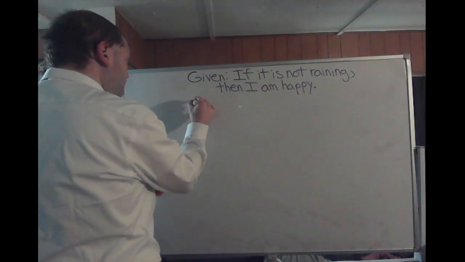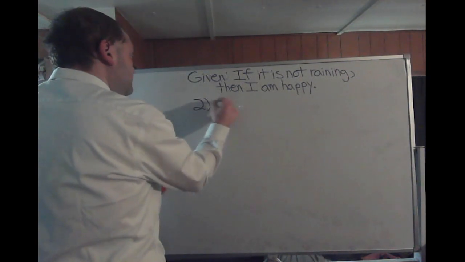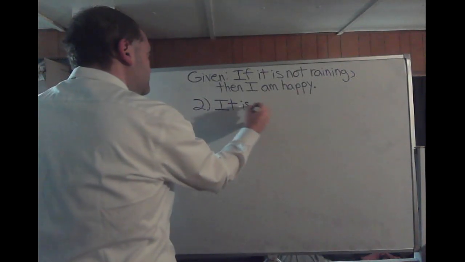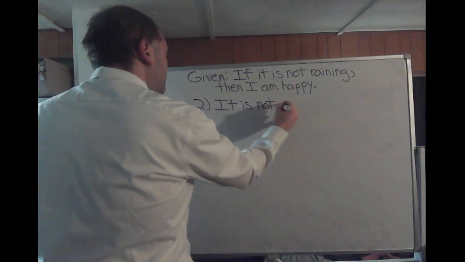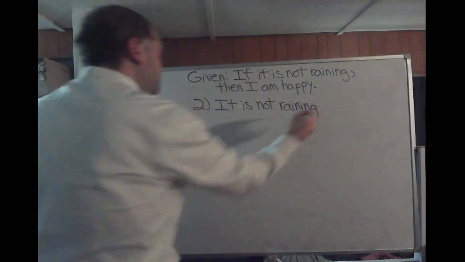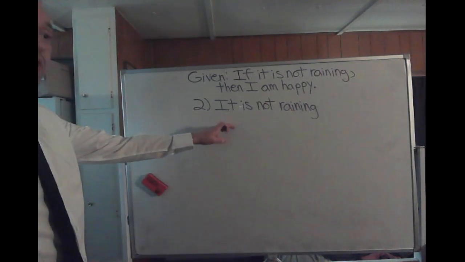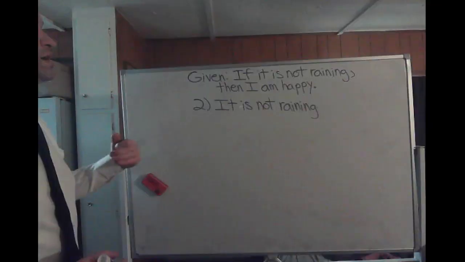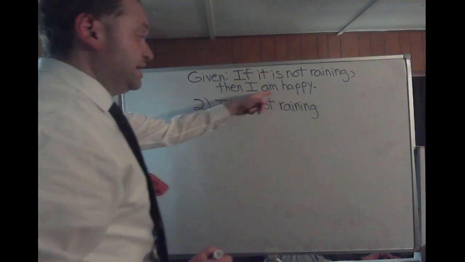All right, statement 2. It is not raining. They tell you in statement 2 that it is not raining. And you're given, if it is not raining, then I am happy.